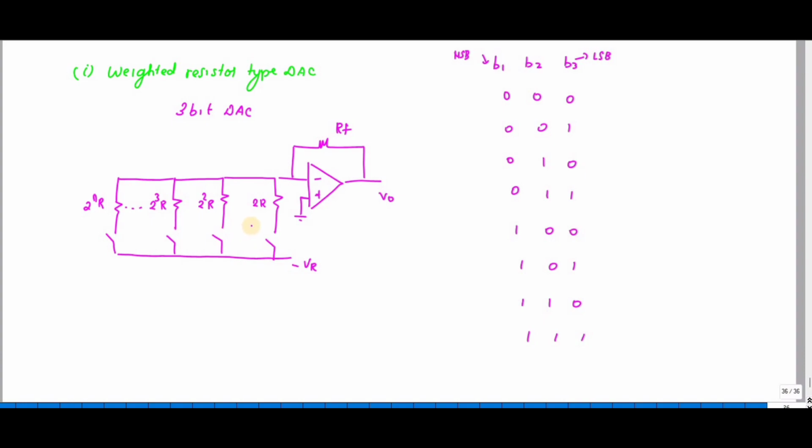Since I have taken only n equal to 3 bits, this will actually look like this. This is your MSB and this is your LSB. So these values are B1, B2 and B3.